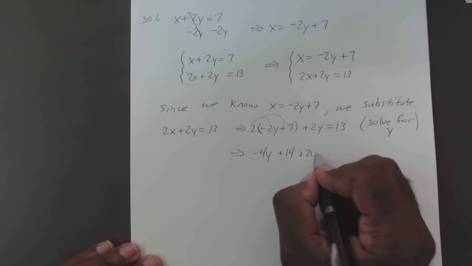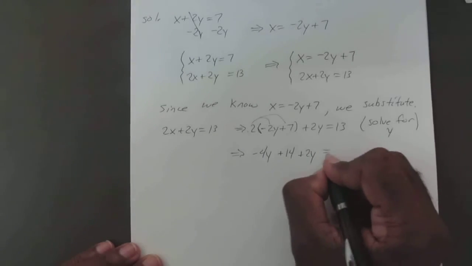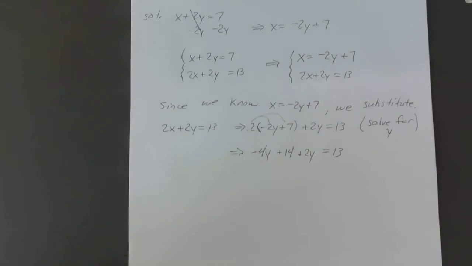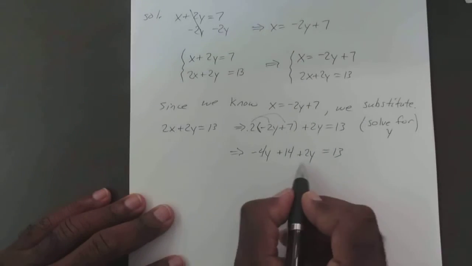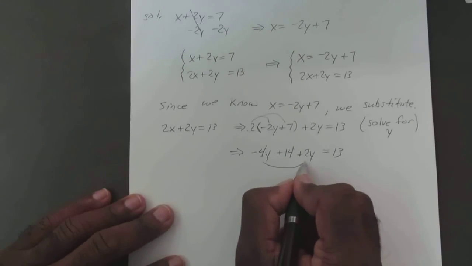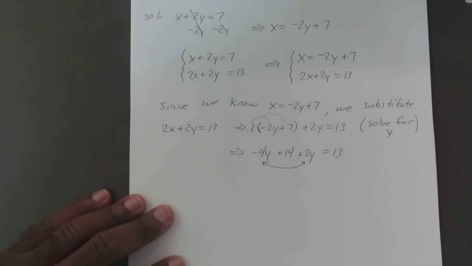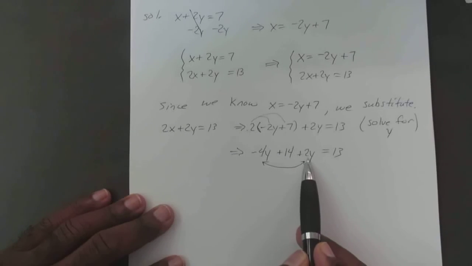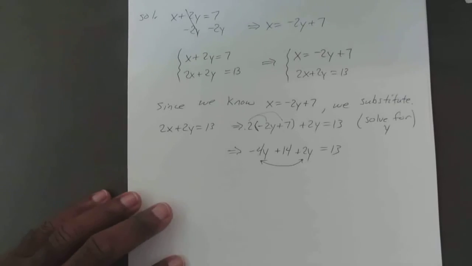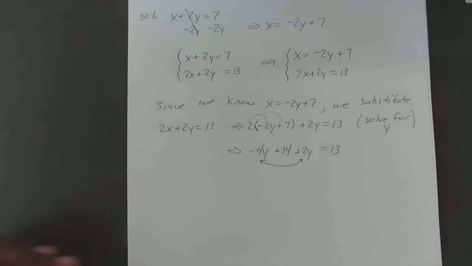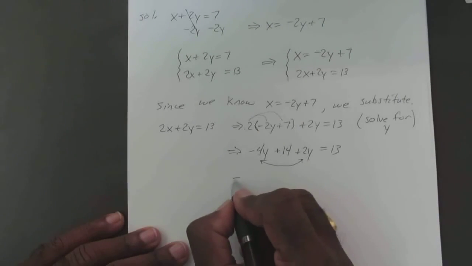Then we have our plus 2y right there equals 13. Okay. So now we got rid of our parentheses. All we have to do now is combine our like terms, solve for y. So we have negative 4y and 2y. Negative 4 plus 2 is negative 2, so negative 4y plus 2y is negative 2y.